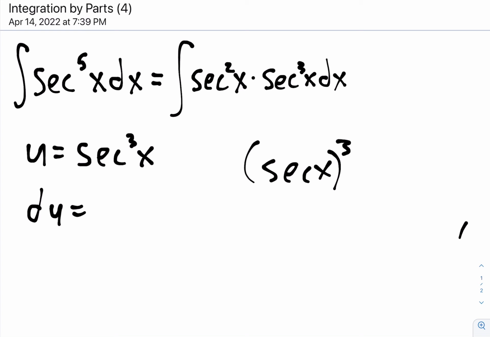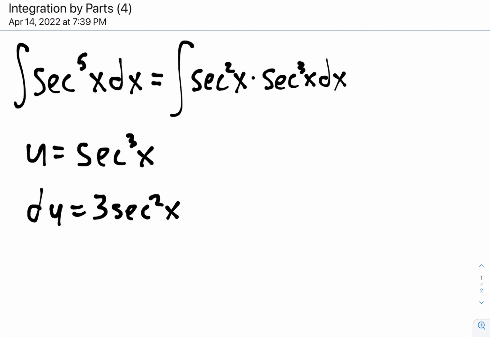And as you can already see, it's getting a little bit ugly. Just wait. Those are my words to you here. But we can do it, right? 3 secant squared x tan x dx. Or sorry, secant squared x tan x secant x dx.